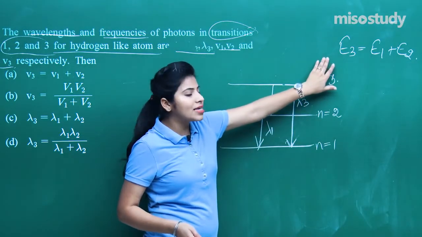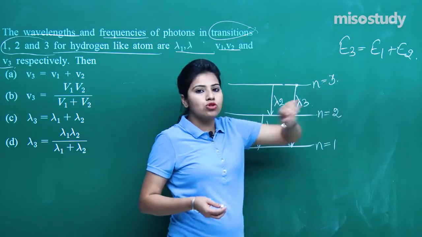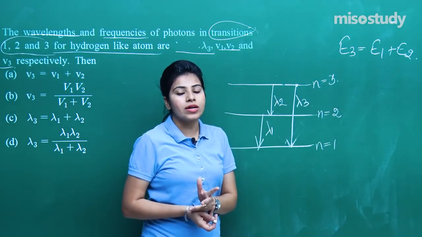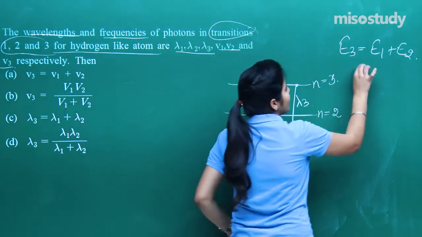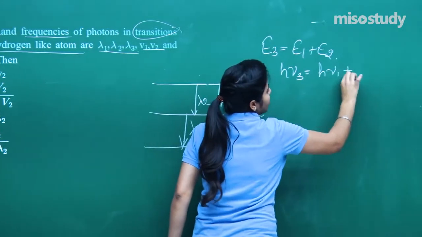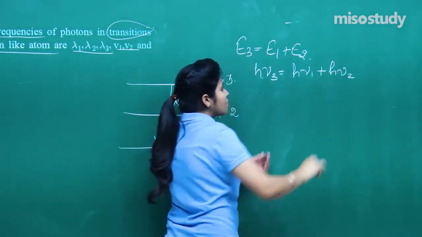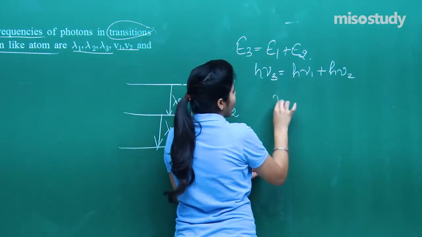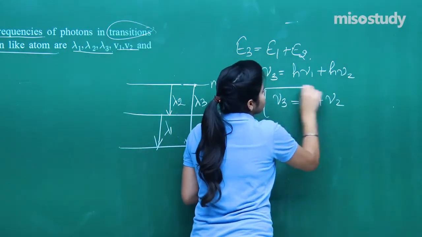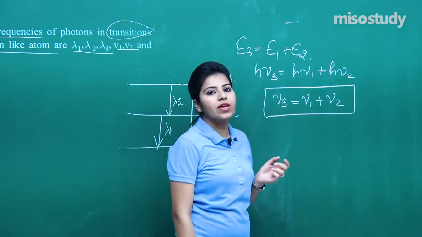We know that E equals h nu. So I can write h nu 3 equals h nu 1 plus h nu 2. If you take h as common, you will have nu 3 equals nu 1 plus nu 2. So this is the combination of the frequencies.